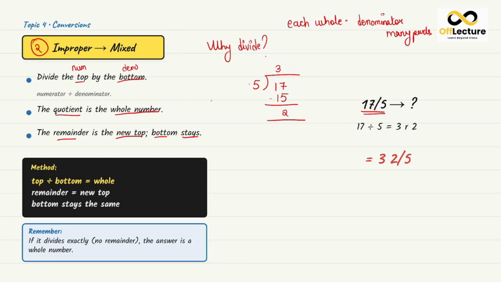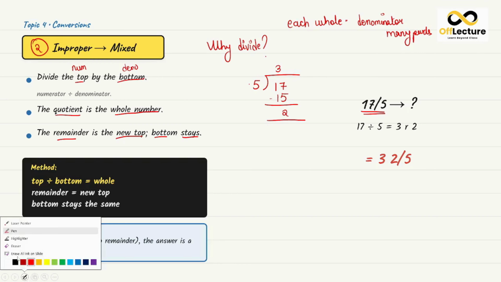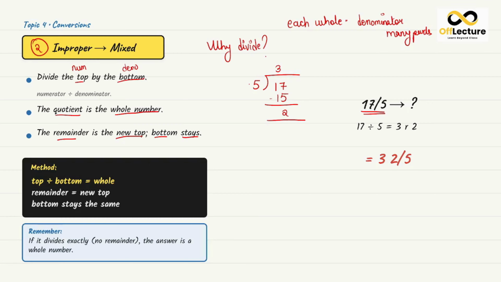So what will be my values as per our steps? The quotient is my whole number.